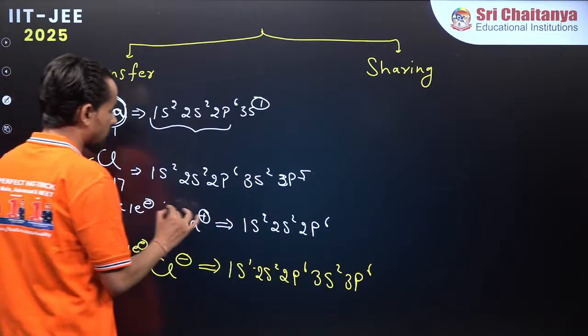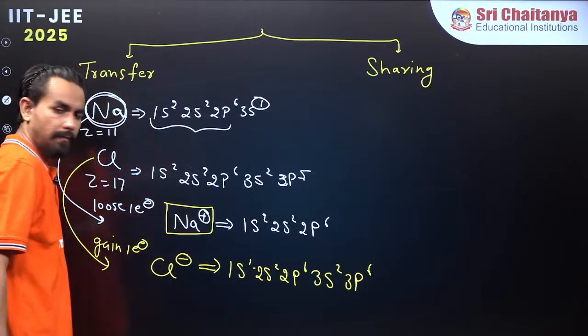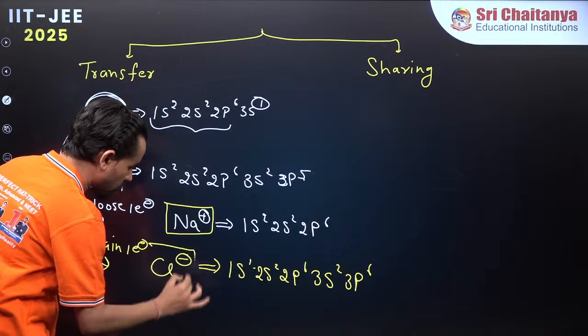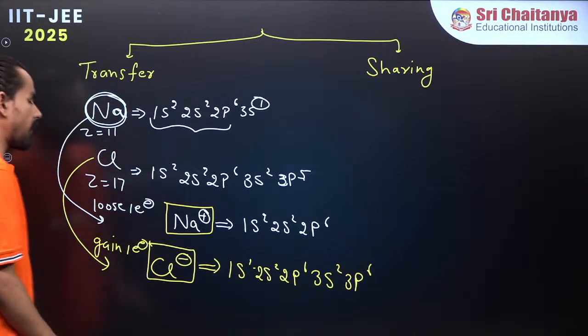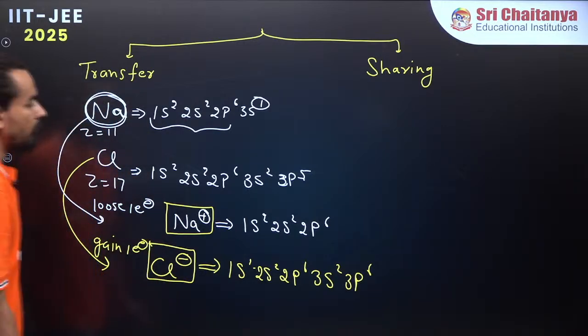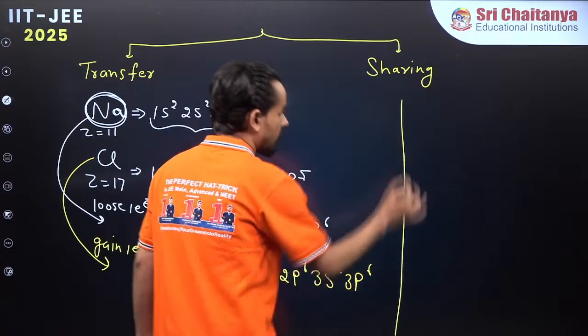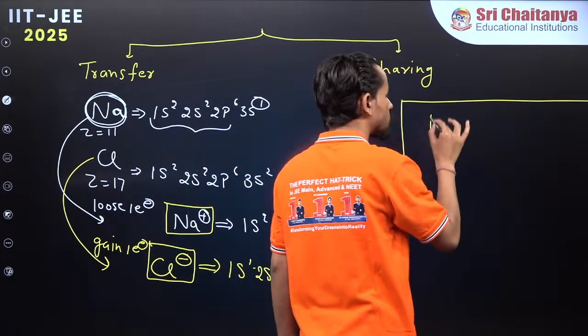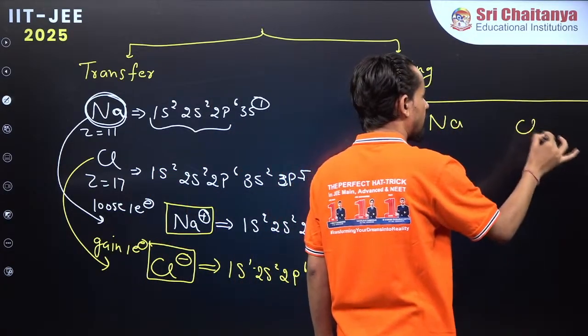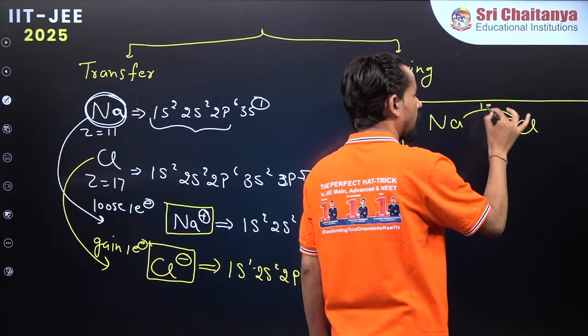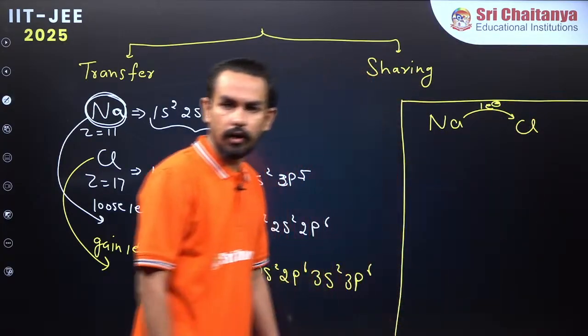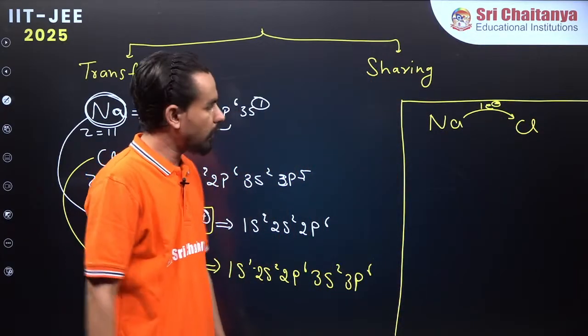So sodium becomes stable by losing 1 electron, and chlorine becomes stable by gaining 1 electron. Tell me whether this can happen: sodium loses 1 electron and gives it to chlorine.